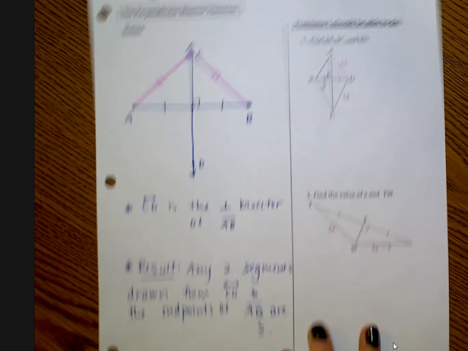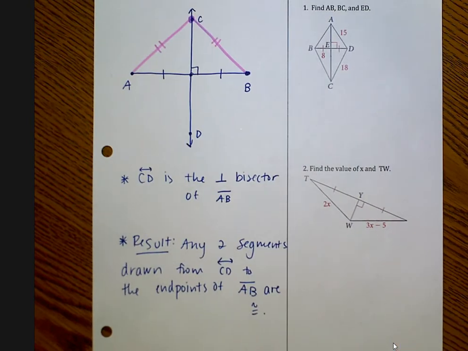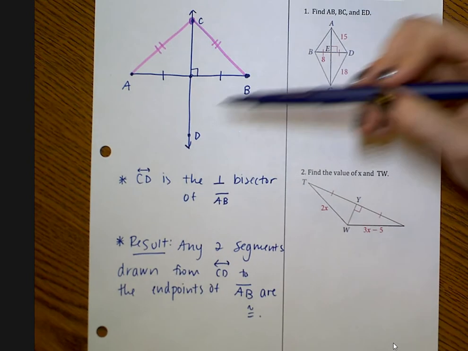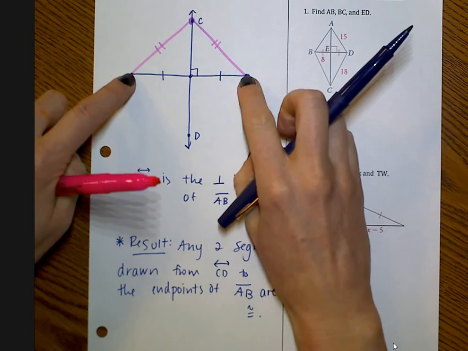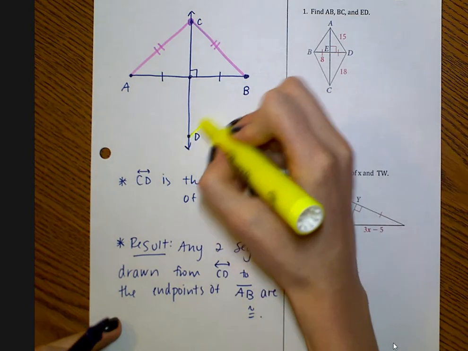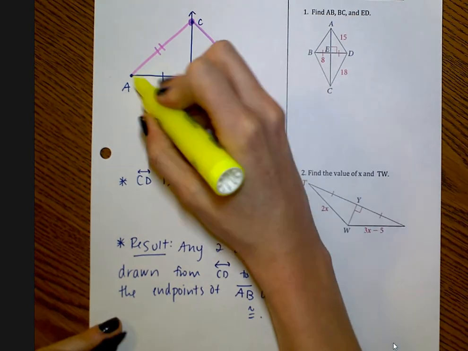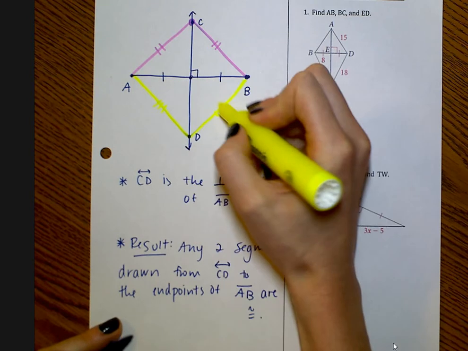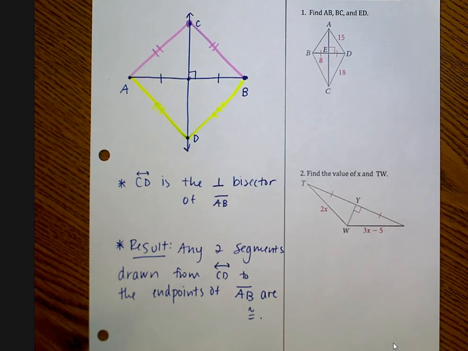Ooh, can't see that. There we go. Okay, so like I said, they could have taken anywhere on CD and connected it to A and connected it to B, and they would have been congruent. For example, they could have gone from D to B and D to A, and those would have been congruent. So this is a lot of just recognizing where the equal parts are.